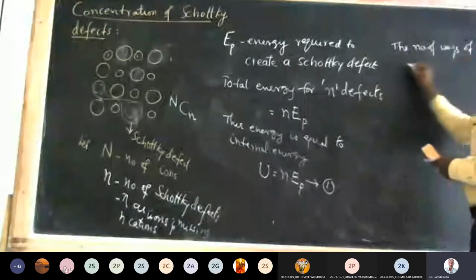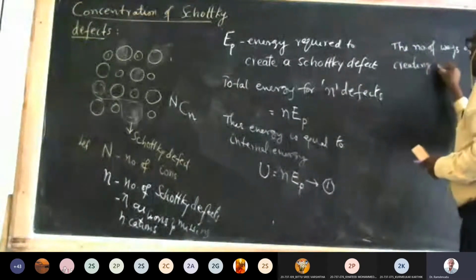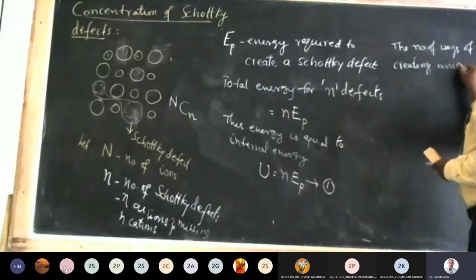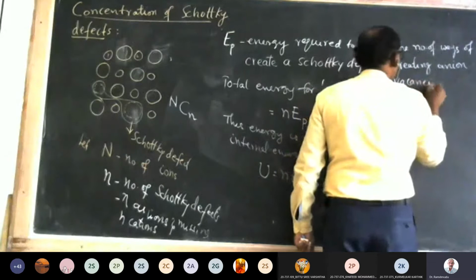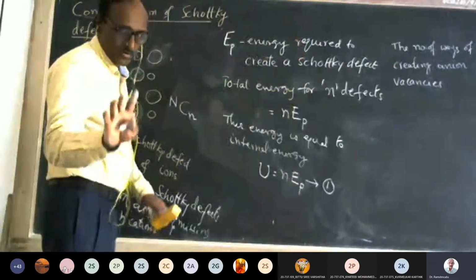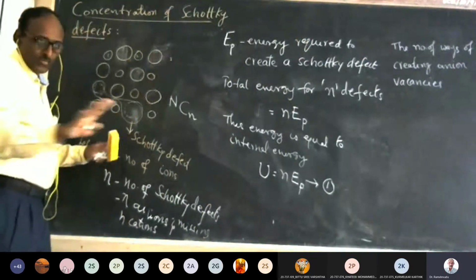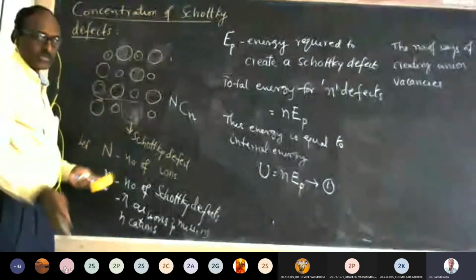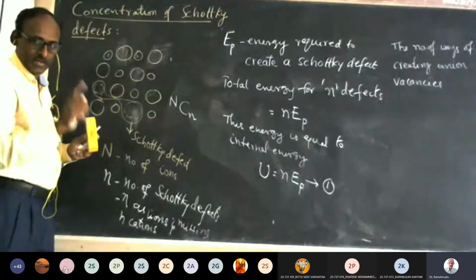of creating anion vacancies. Can you tell how many ways there are to create anion vacancies? Suppose I take the crystal as it is, and there are no vacancies at all. We supply energy and create one vacancy, one anion vacancy.